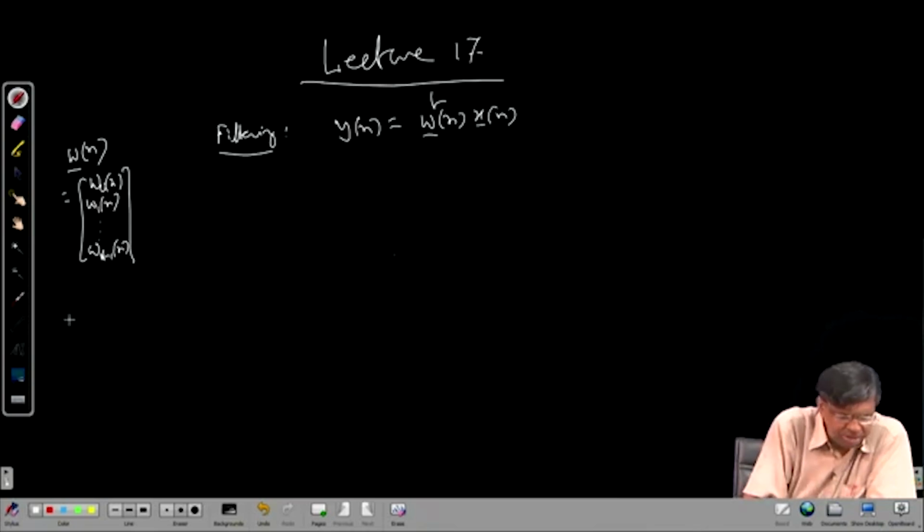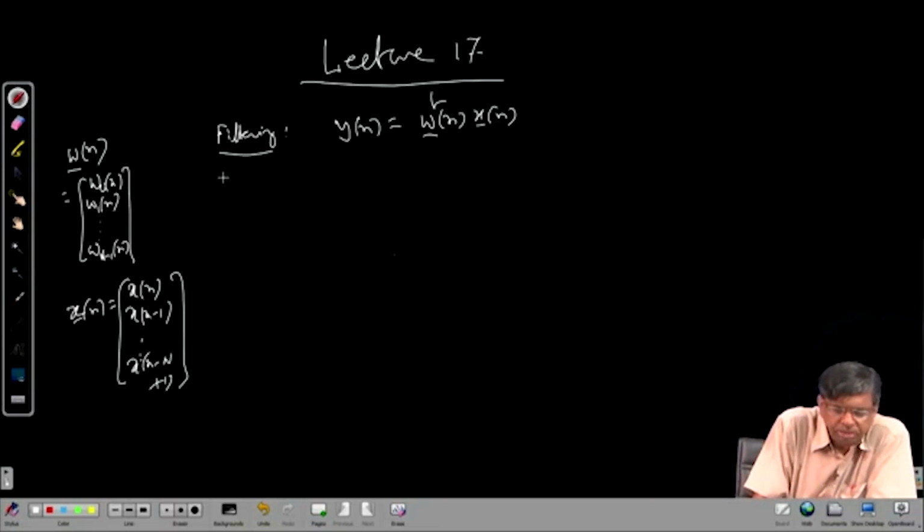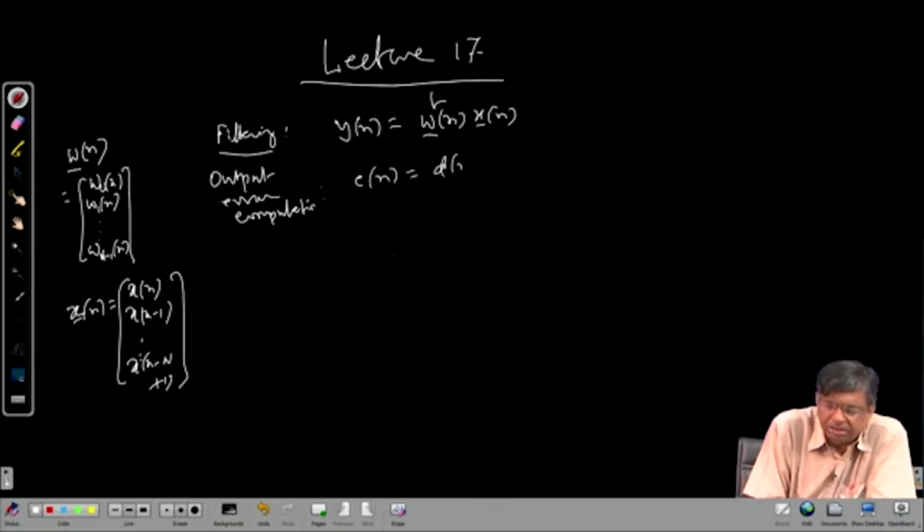Xn is the input data vector. This you are familiar with, I have done it many times. So, filtering, then output error computation, En, which is the difference between Dn and yn.